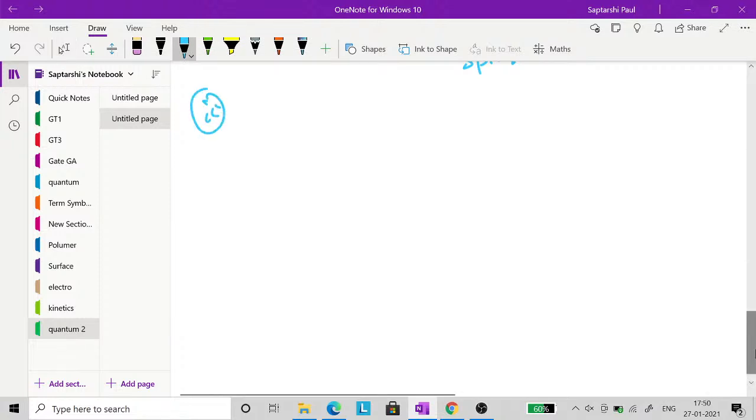For the second case, we will see when helium is in an excited state. Normally in the excited state, whether of hydrogen or helium, your spatial part is actually antisymmetric.